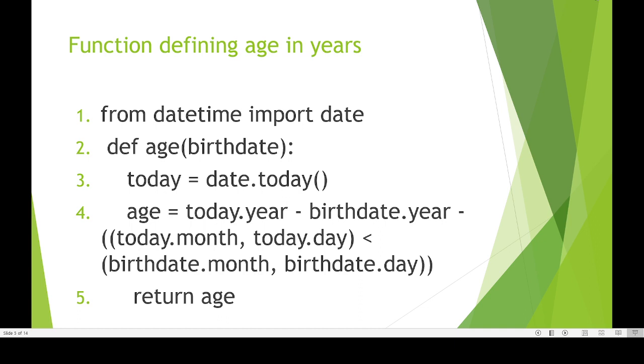So today, this variable will contain the present date. Then simply age can be calculated by subtracting birthday year from today's year and then subtracting the logical term, today's month and day less than birthday's month and day. So this will return age in integer form.